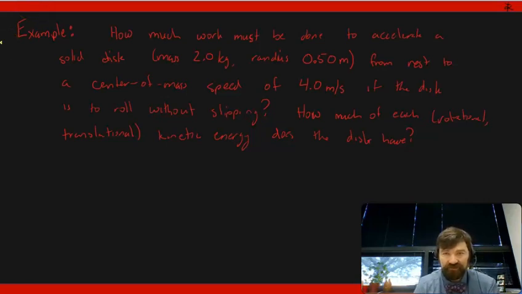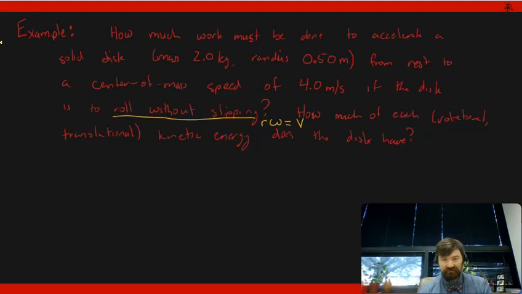So how much work must be done to accelerate a solid disk from rest to a center of mass speed of 4 meters per second if the disk is to roll without slipping? Okay, if it's going to roll without slipping, this statement means that r times omega is equal to v center of mass. All right. Now we're using the work kinetic energy theorem. So how much work, that would be W, and we know that that should be equal to the change in kinetic energy.